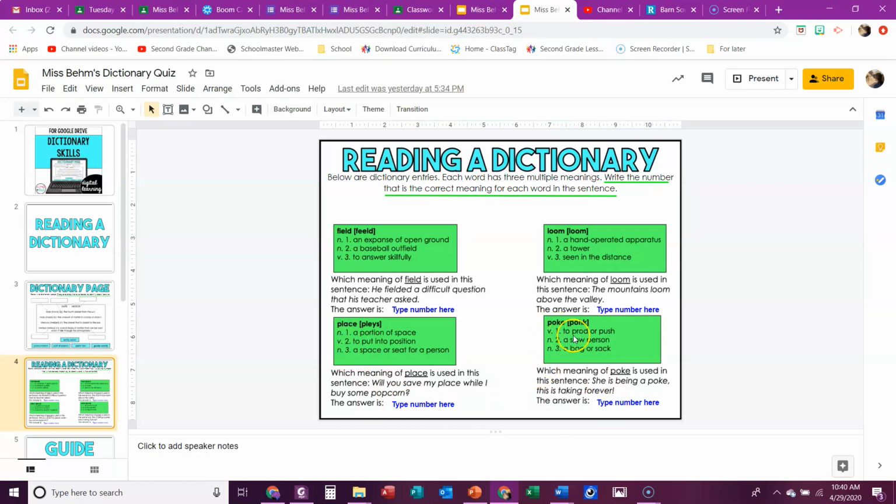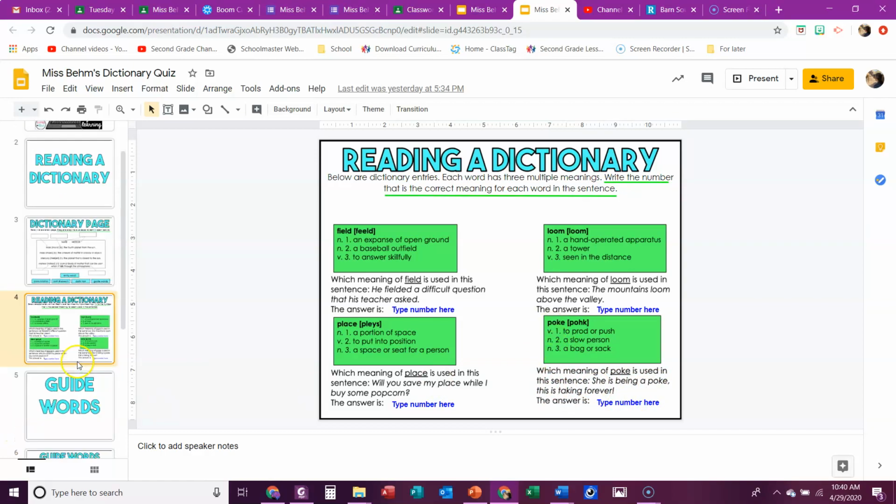Number 1 is to prod or push, so you actually poke someone with your finger. Number 2 is a slow person. So you can say that they're pokey, so they're moving slow, kind of like a turtle. Or number 3, a bag or snack. So which one is the meaning of poke in this sentence? She is being a poke. She is taking forever. Is it 1, 2, or 3?